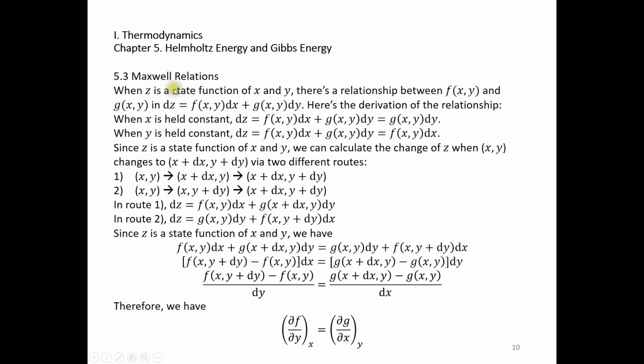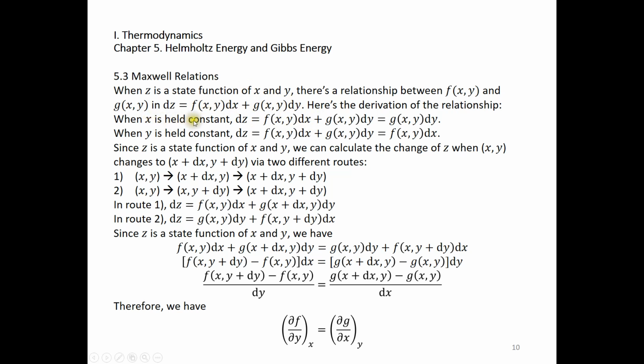Again, when z is a state function of x and y, what does that mean? That means if you're given the values of x and y, the value of z is fixed. Most mathematical functions have that feature. You can write dz is equal to a function times dx and another function times dy, and these two functions are denoted by f and g, f in front of dx and g in front of dy.